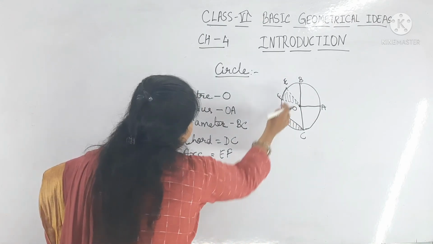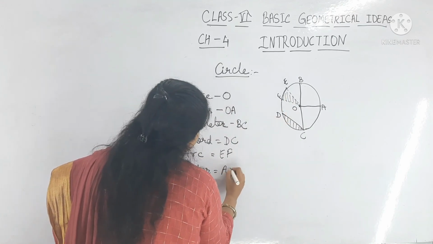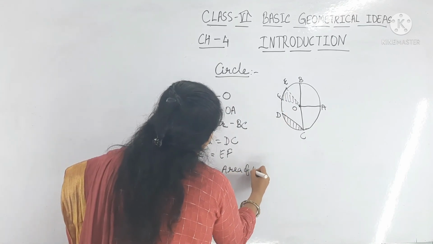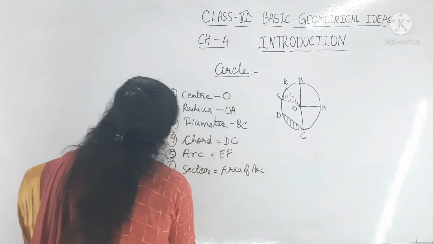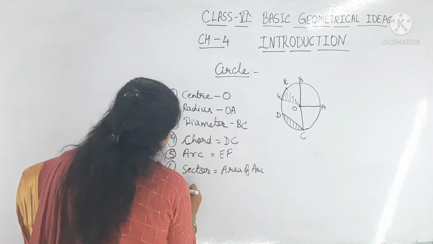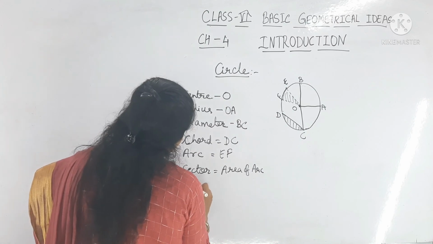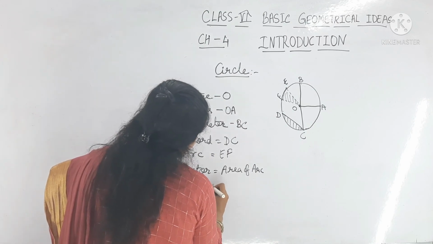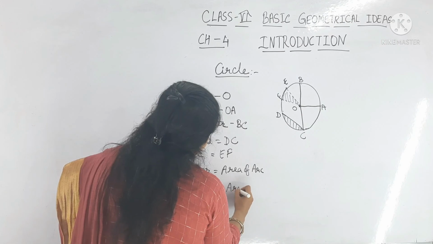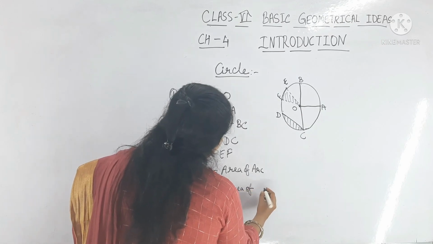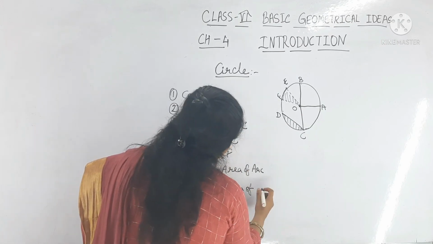So this is called a sector. Sector is the area of an arc. Number 7 is segment. Segment is the area of a chord.